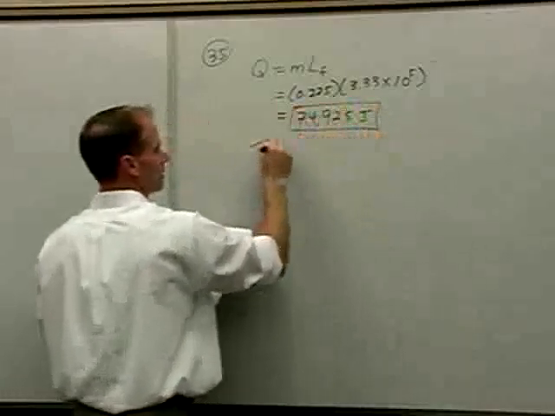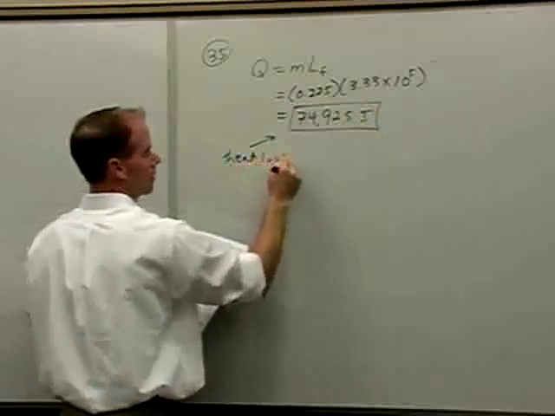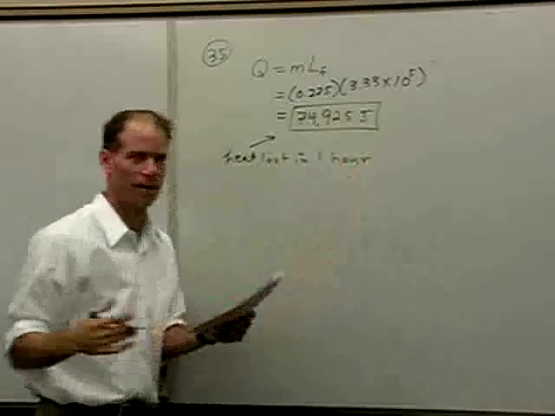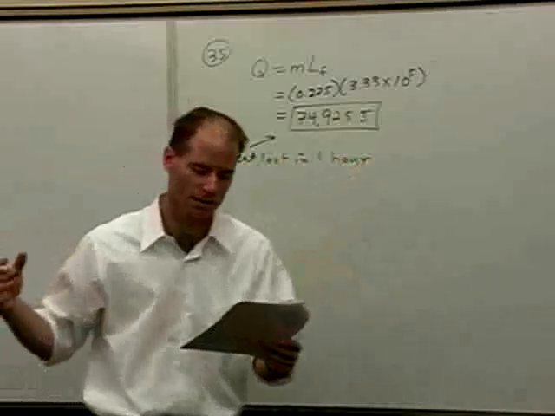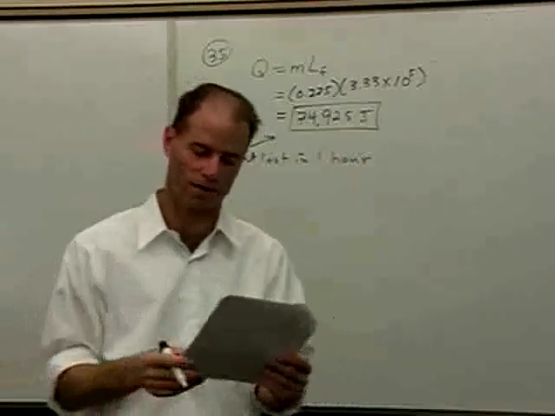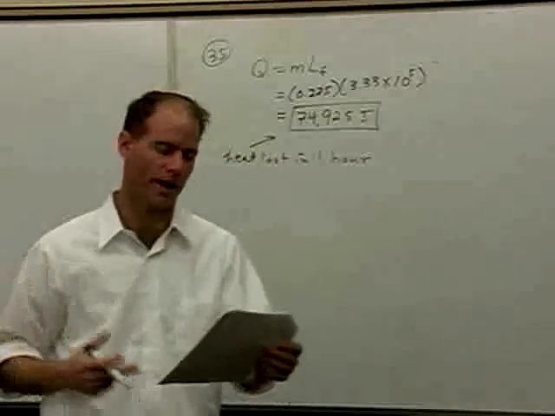That represents the heat lost in 1 hour, because we ended up melting that much ice. So that we must have lost, or the heat gained to the ice in 1 hour. So that's how much transfer is taking place in that 1 hour.